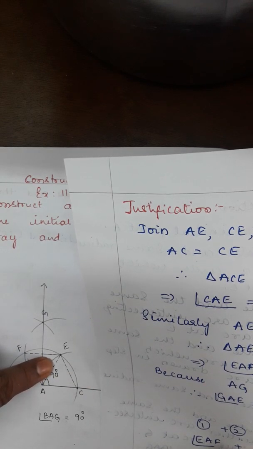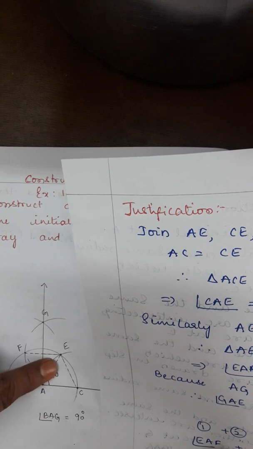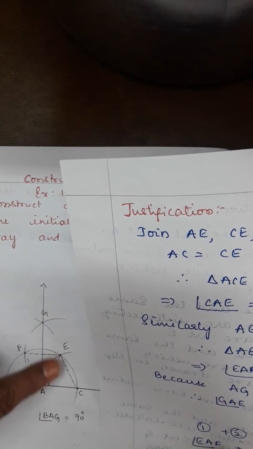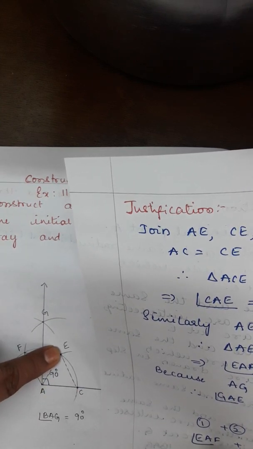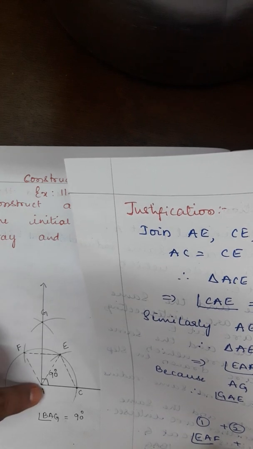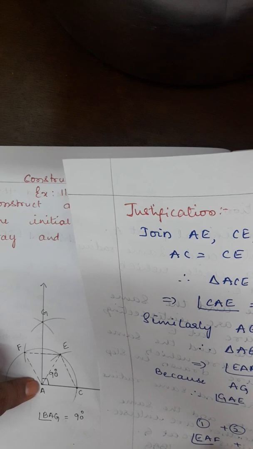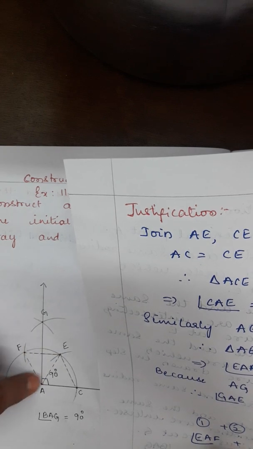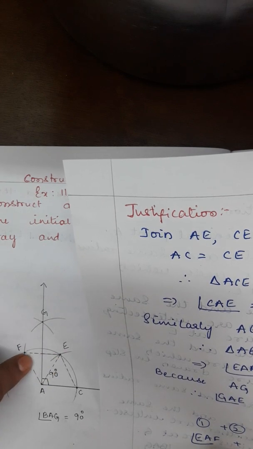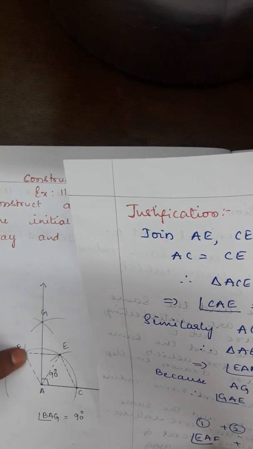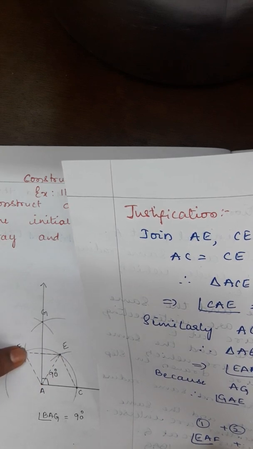This implies that angle CAE is equal to 60 degree. Similarly, AE is equal to EF is equal to FA. Therefore, this triangle is also an equilateral triangle. Therefore, angle EAF is equal to 60 degree.